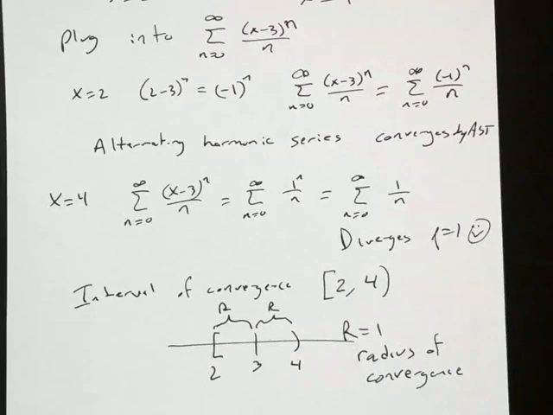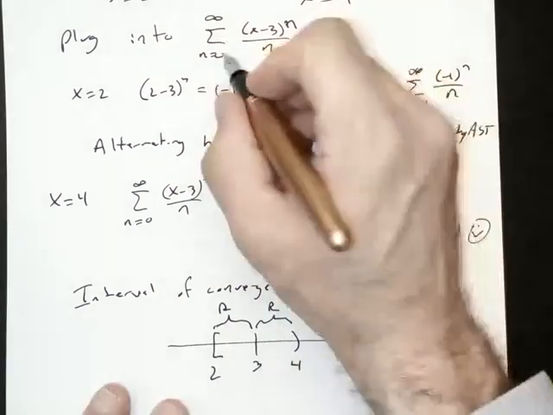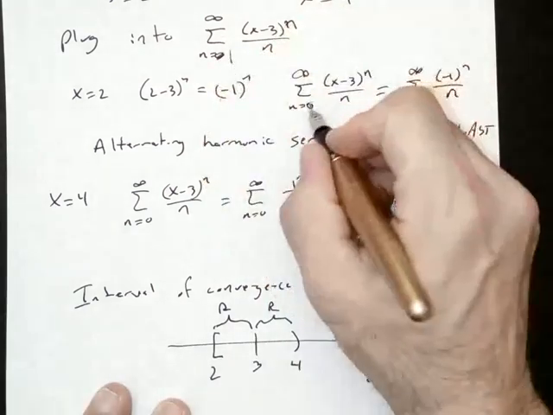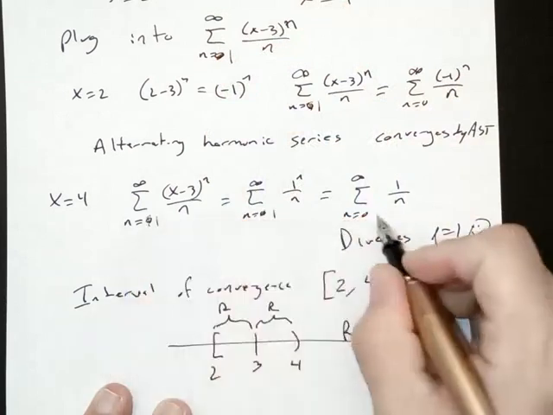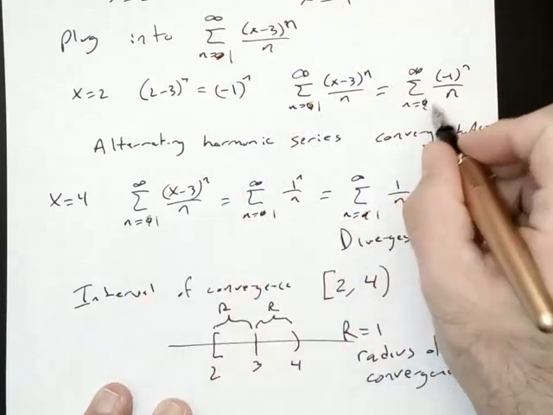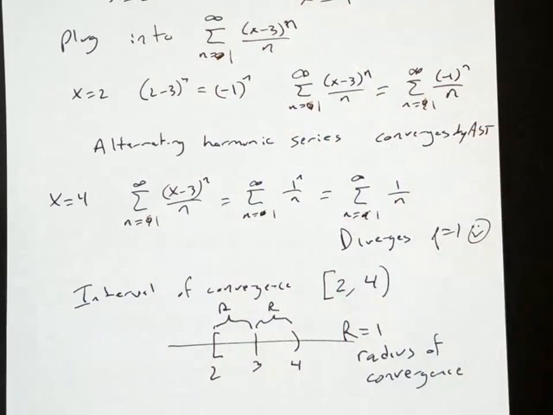Why can't I use n equals 0 in this problem? Because I'm dividing by n. So all of those zeros should be 1. Oops. That's an F up on my behalf.